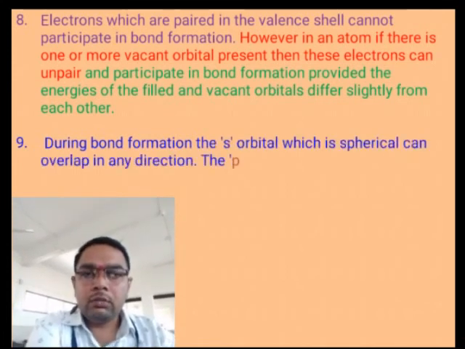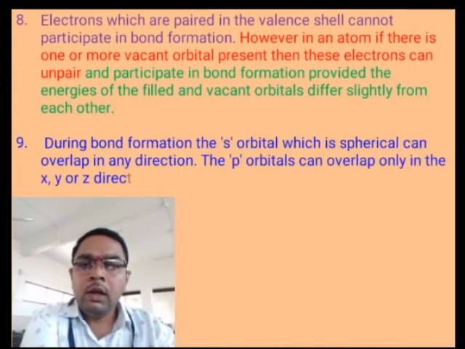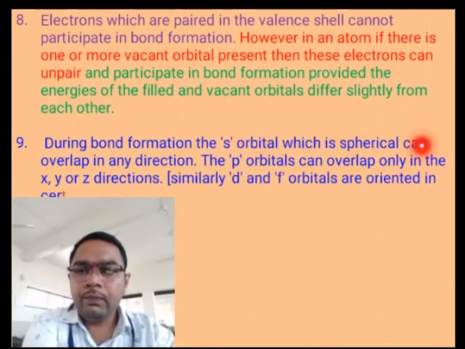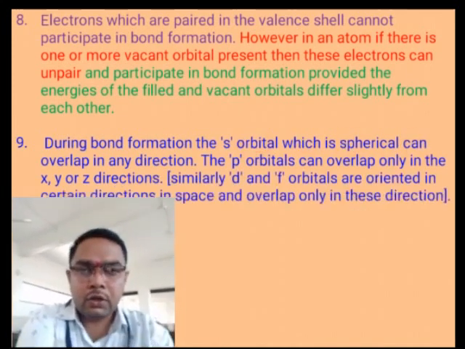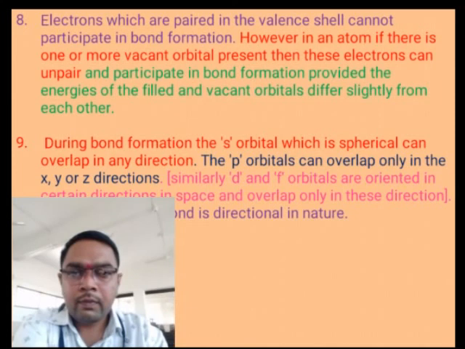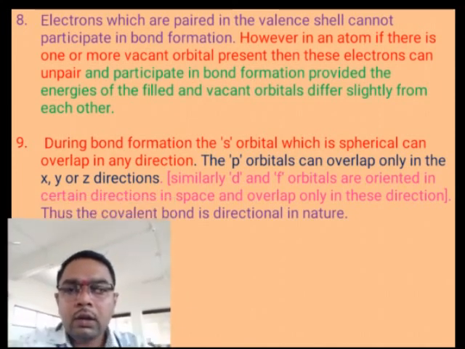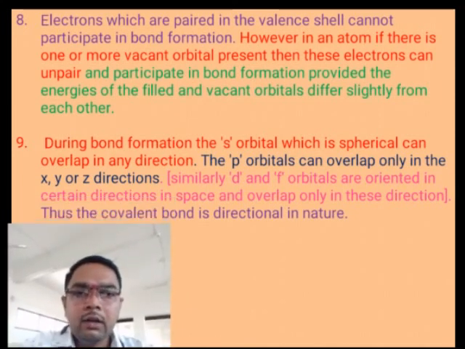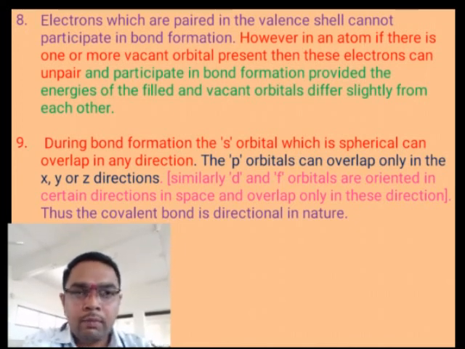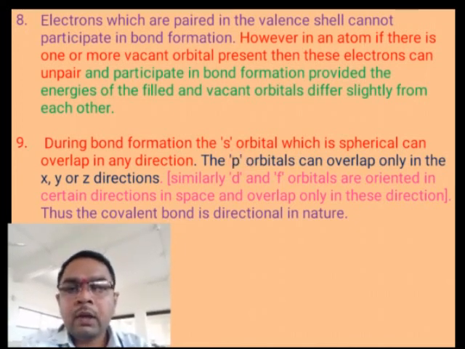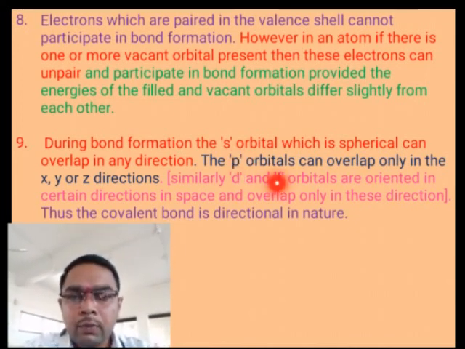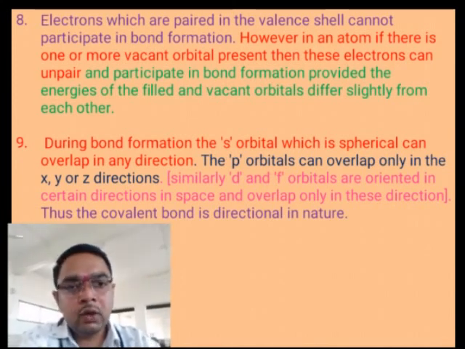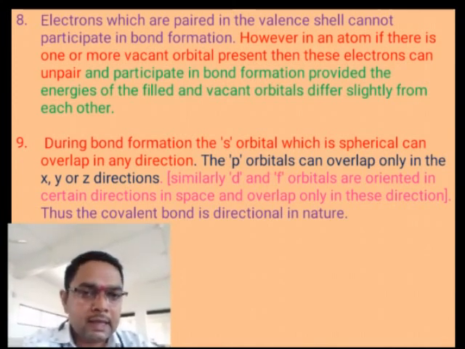During the formation, the s orbital is spherical and can overlap in any direction. But p, d and f orbitals have their lobes on the axis or in between the axes.